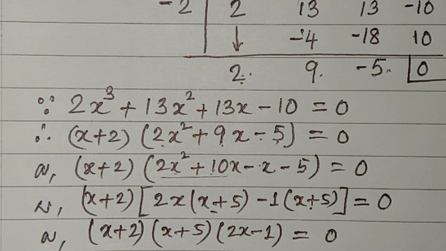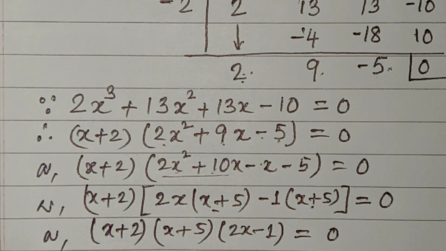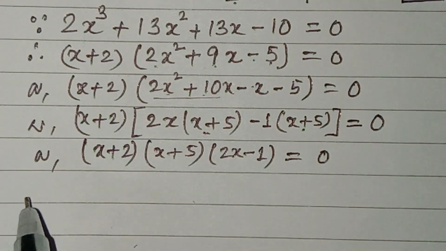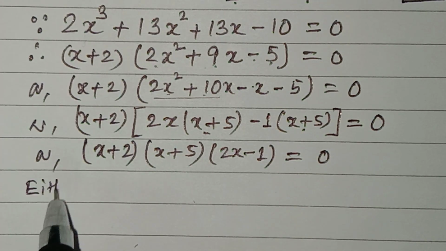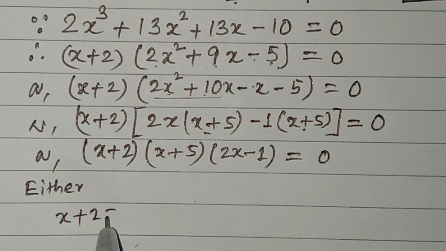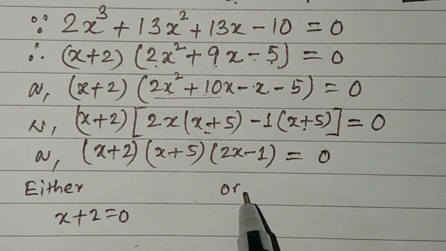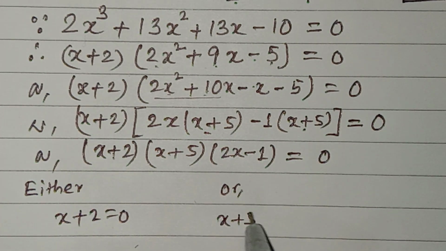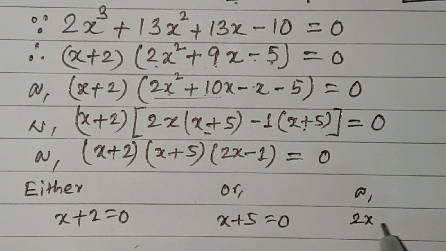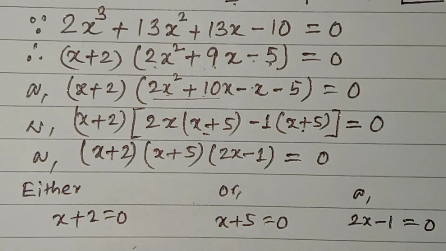Okay, so we have to solve for x. Then we say either x plus 2 equal to 0, or x plus 5 equal to 0, or 2x minus 1 equal to 0.